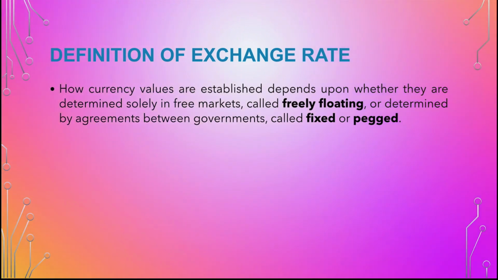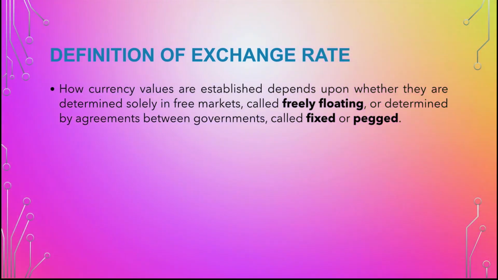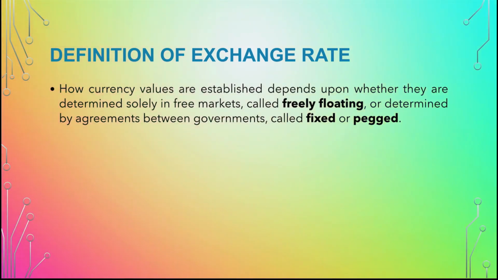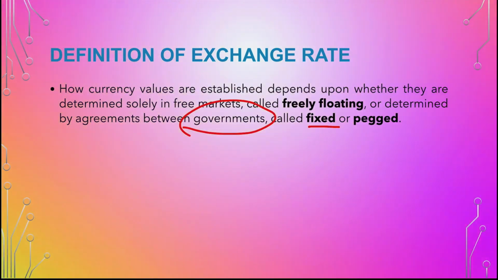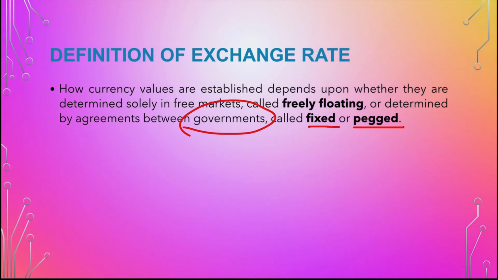How currency values are established depends upon whether they are determined solely in free markets, which we call a freely floating exchange rate, or determined by agreement between governments, which we call a fixed exchange rate or pegged exchange rate.